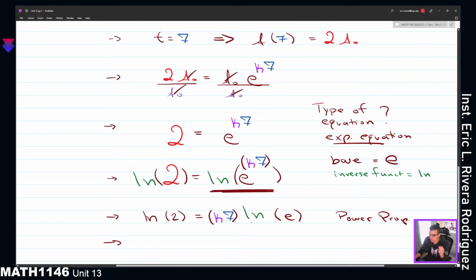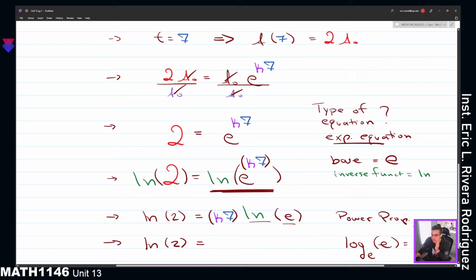And since natural log of e, what's the value of that? Natural log of e. What happened with that? Log base e of e.